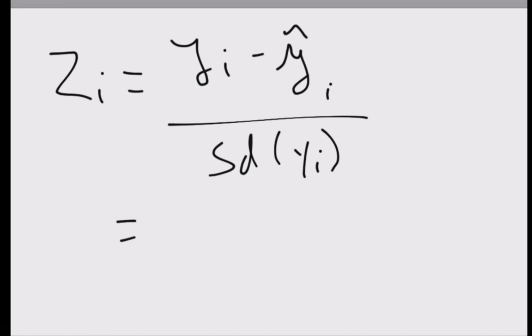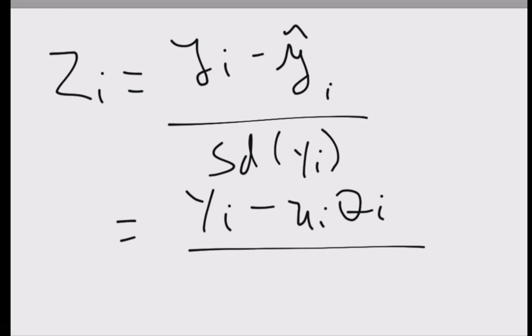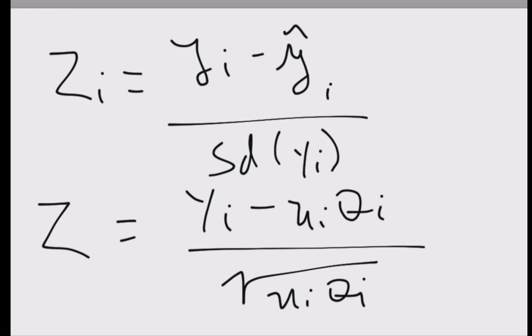If we substitute through with our Poisson formulation, we have y sub i, our observed values, minus our fitted values, which are mu sub i times theta sub i, divided by the standard deviation, which is the square root of mu sub i theta sub i, and that should equal our standardized residual.